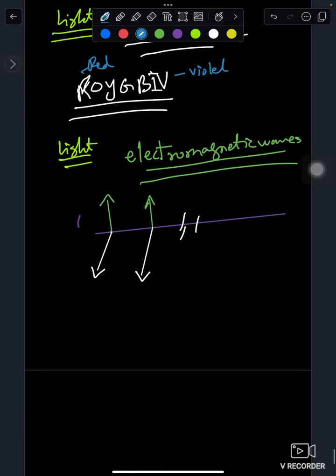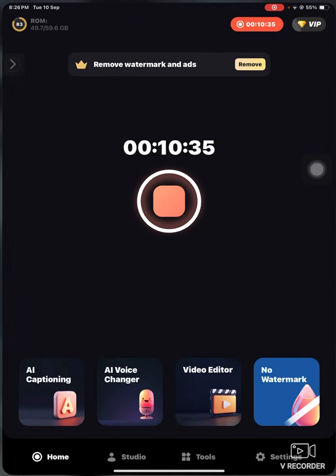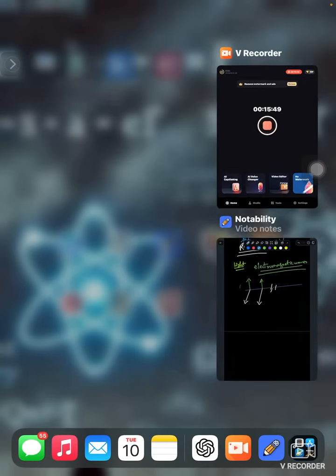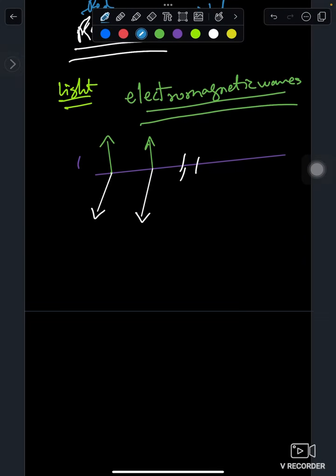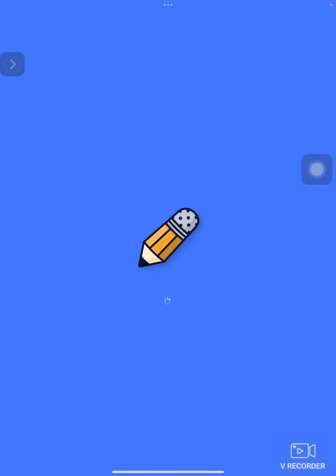Now then, how can we stop light? This is one small topic, then it will be ending. How can we stop light?